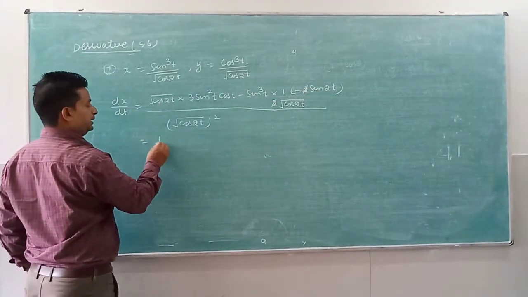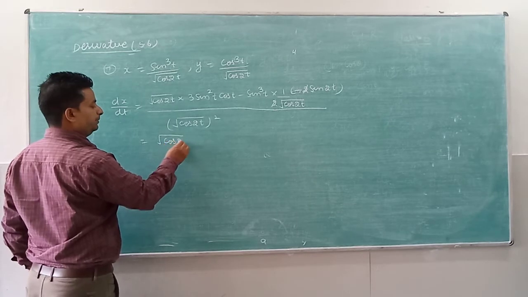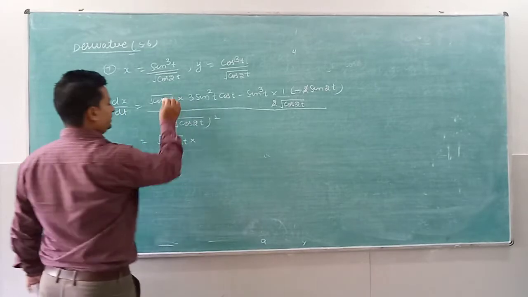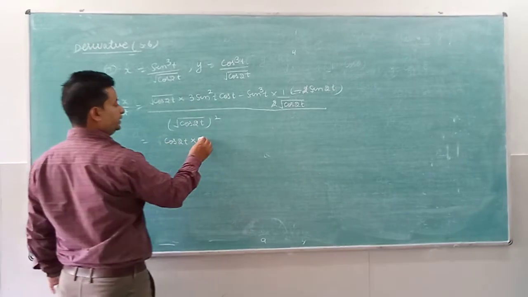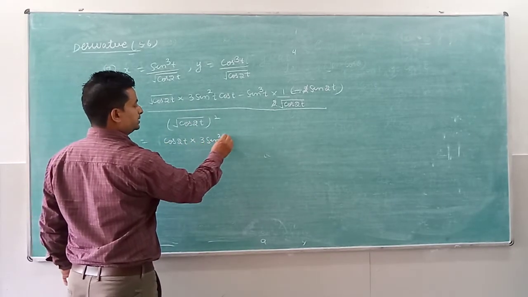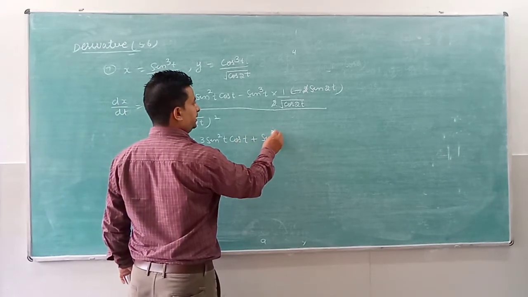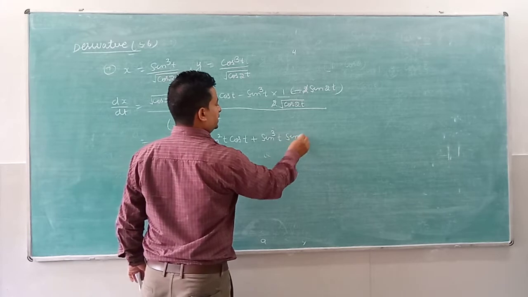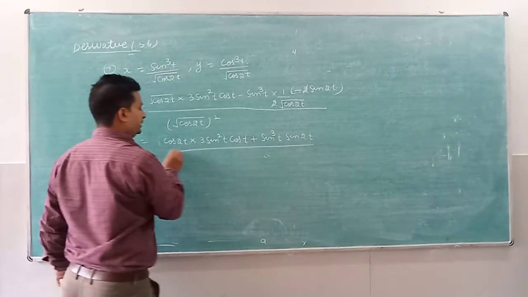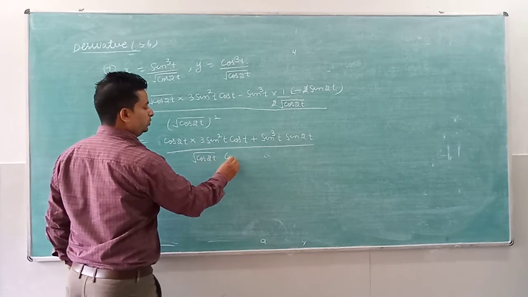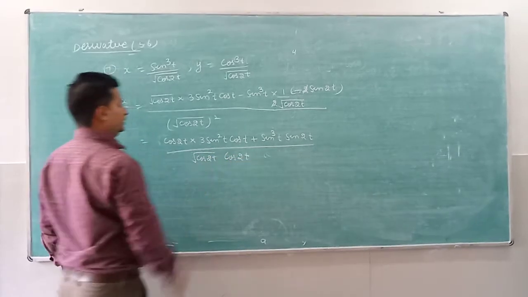So when we take the LCM, this multiplied by this, this is cos 2t, 3 sin²t cos t plus sin³t into sin 2t divided by cos 2t into cos 2t.